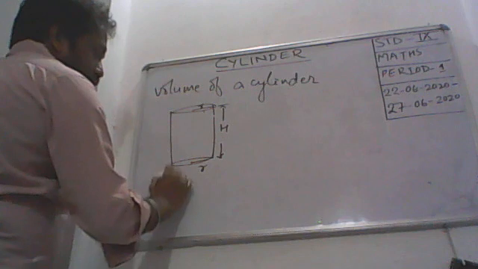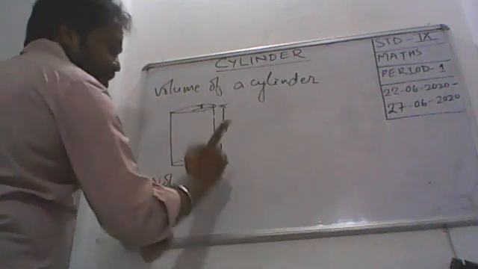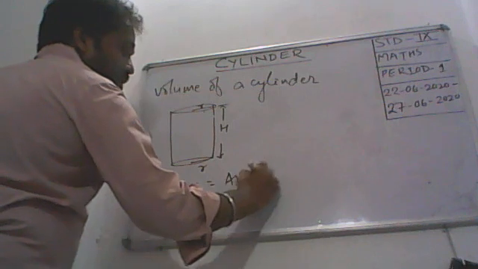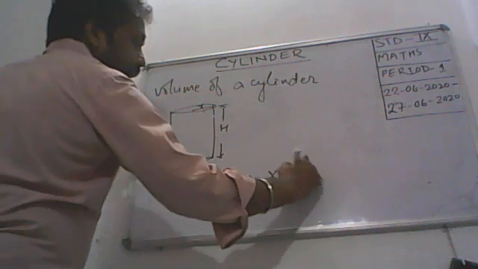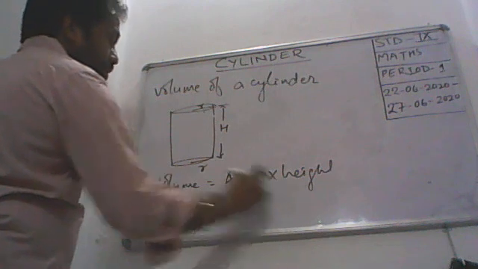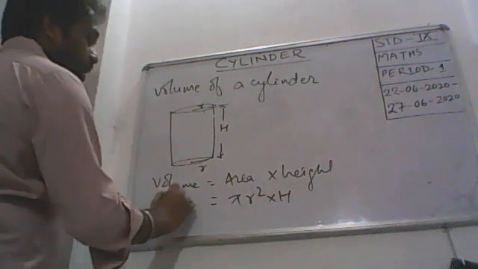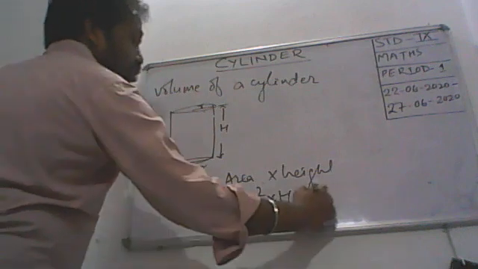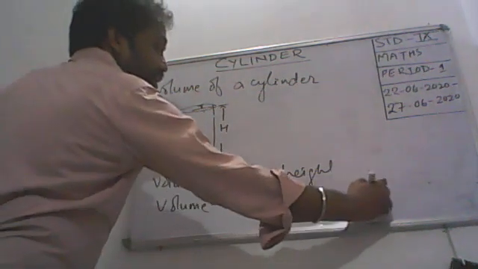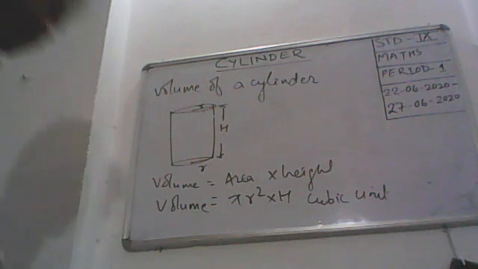Volume is equal to area into height, always remember. What is area? Area is pi r square because it is circular here, and height is h only. So the volume of a cylinder is pi r square h cubic unit.